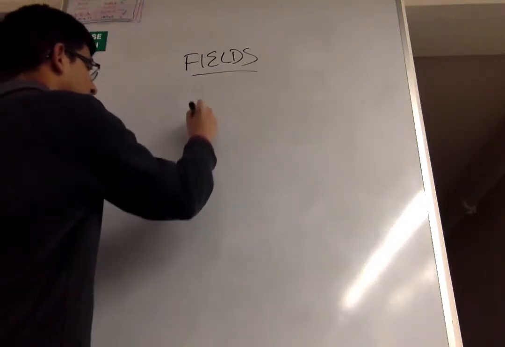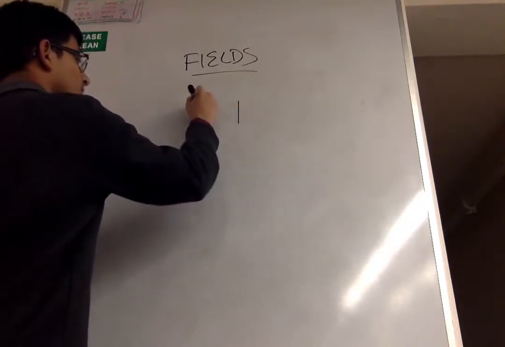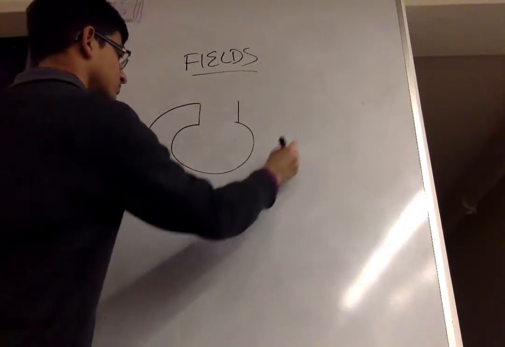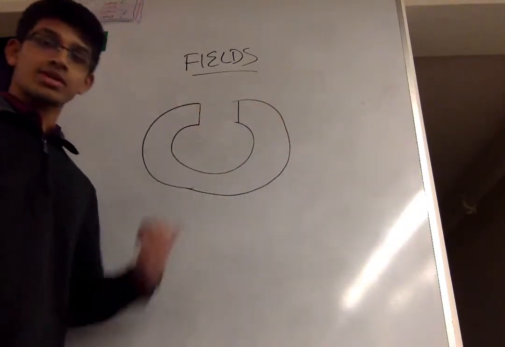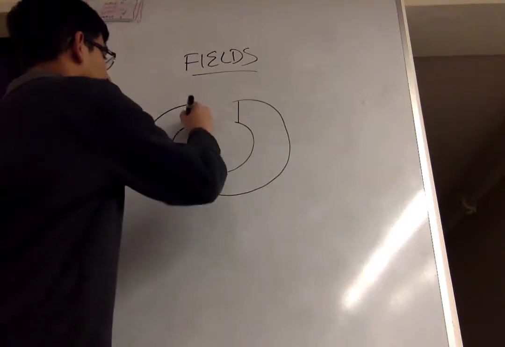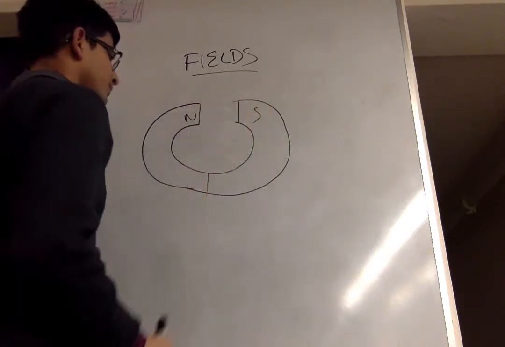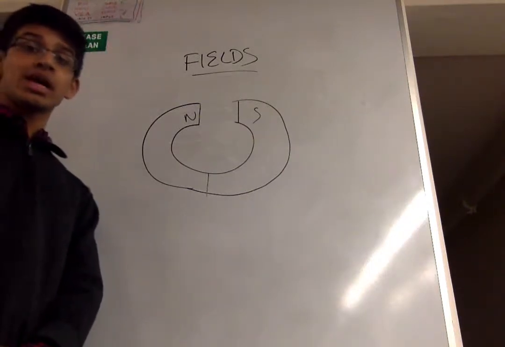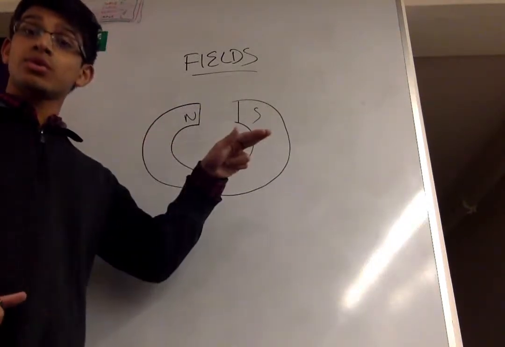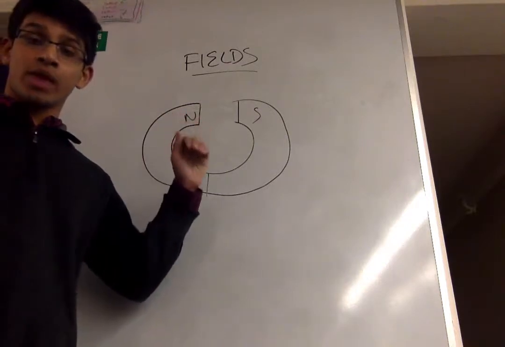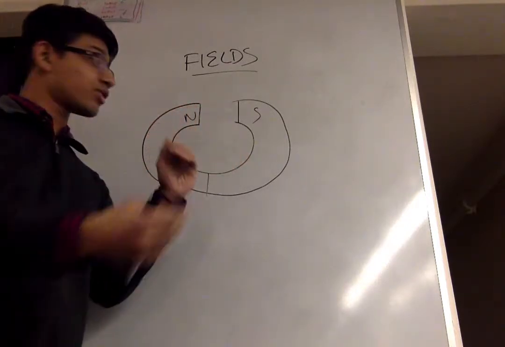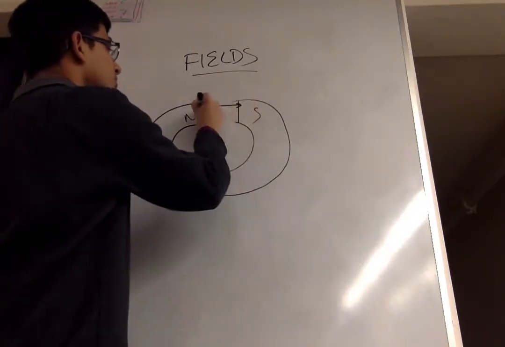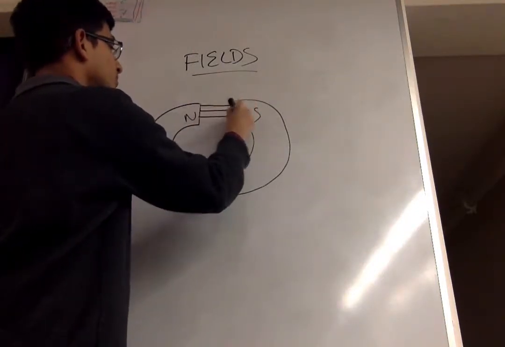So that would look something like this. Let's call this the North Pole, and let's call this the South Pole. And you'll remember from what I said earlier that field lines are radiated out of the North Pole and re-enter through the South Pole. So that means they'll radiate out from here and they'll go to the South Pole like so.